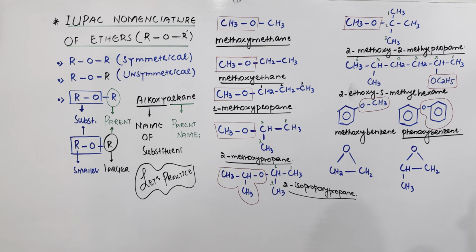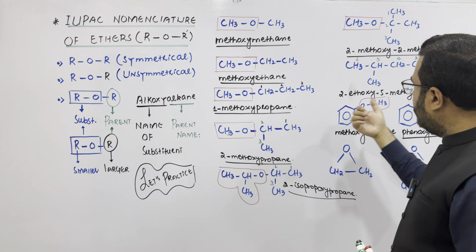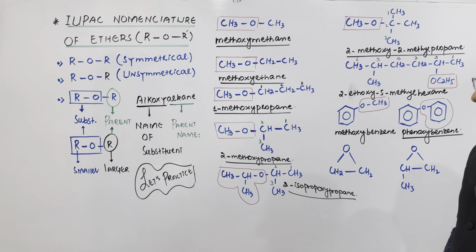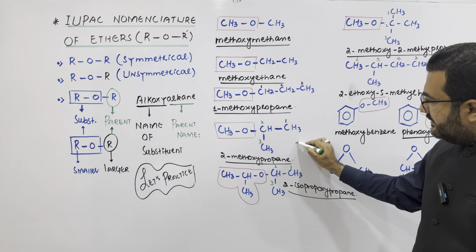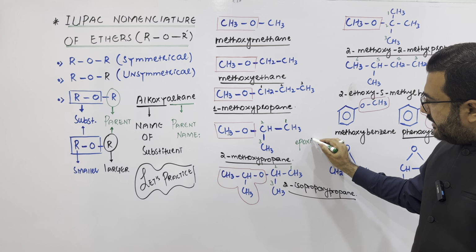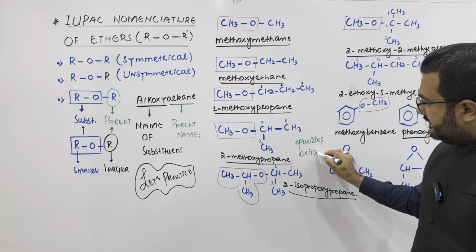It will be named as phenoxybenzene. So all these ethers, they are basically aliphatic, aromatic, but open chain ethers. Now the closed chain or ringed ethers, they are also called as the epoxides or oxiranes.